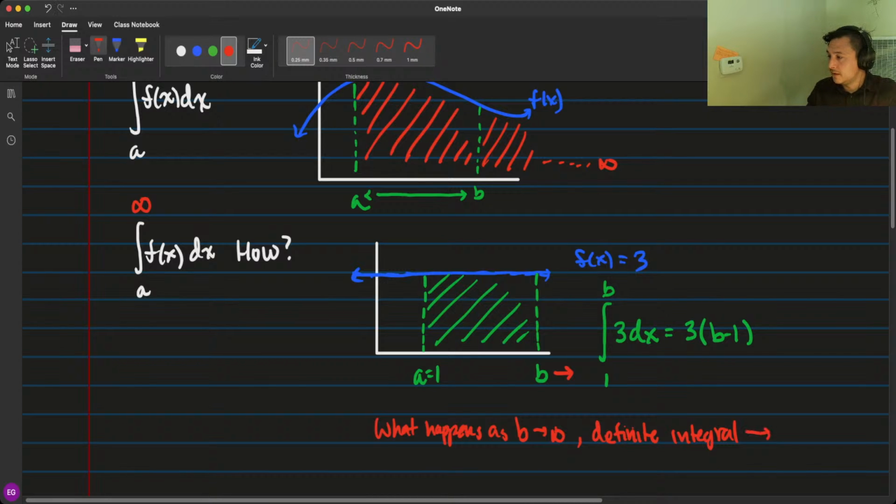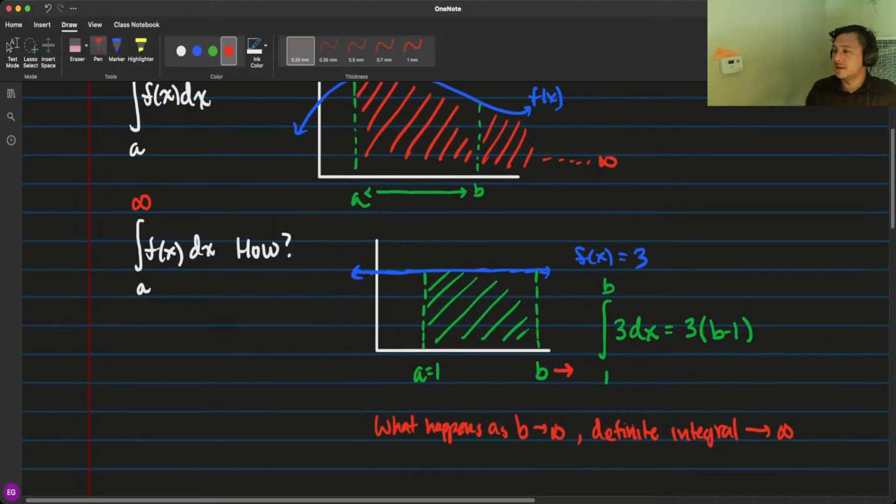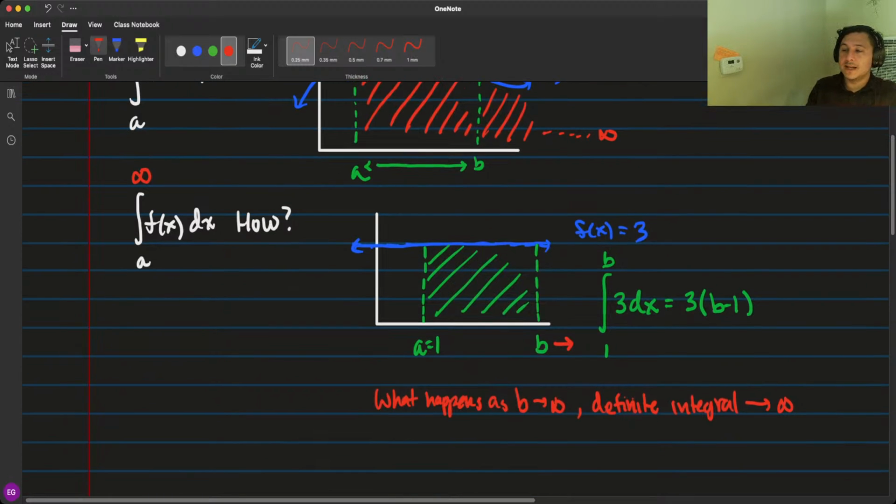Let's just put an arrow to infinity, which is a no-no. We like infinite area. We don't like that idea. We would call this an example of an integral which doesn't converge.